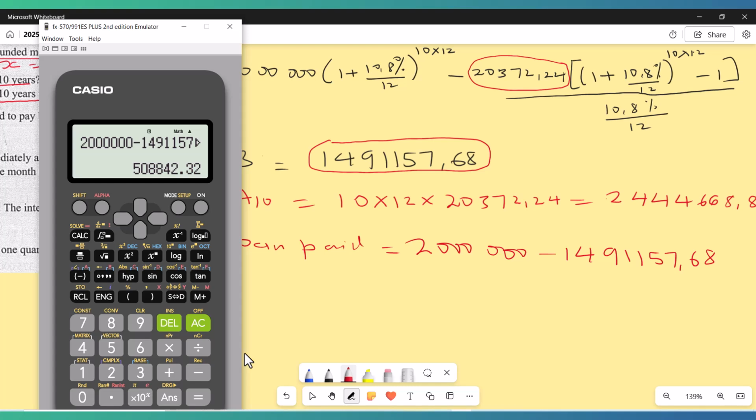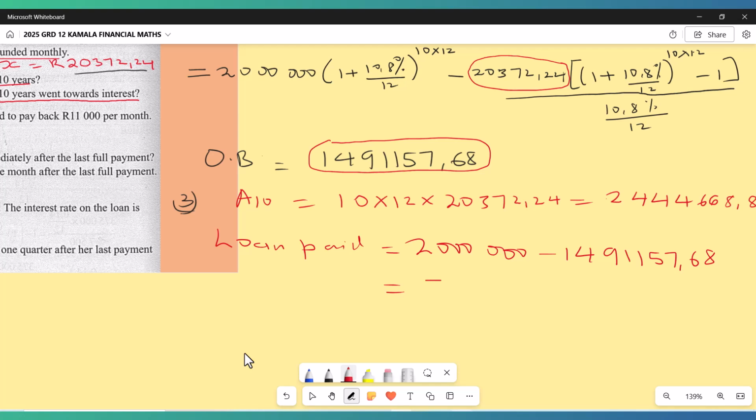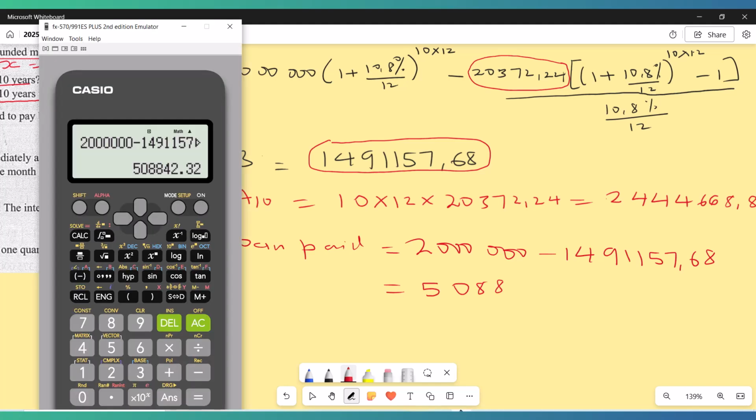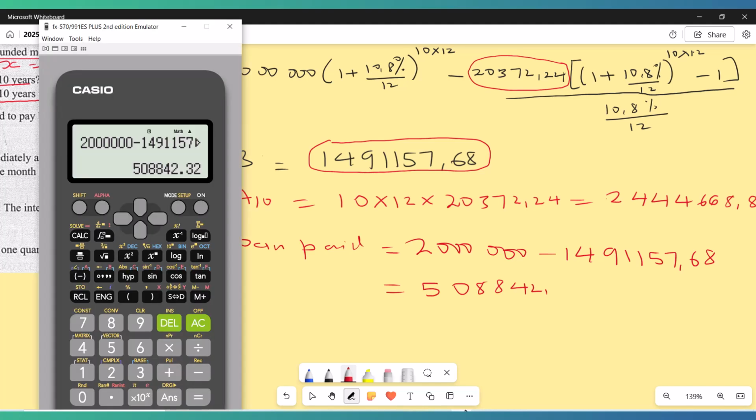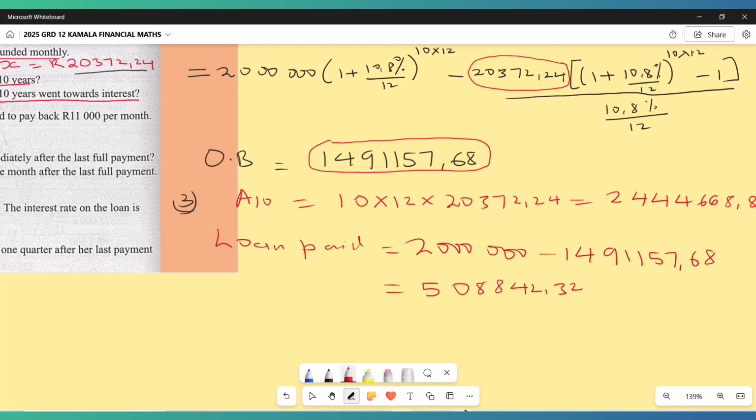You get 508,842.32. Now this is the loan paid so far. Are we together? This is the loan which has been paid so far.